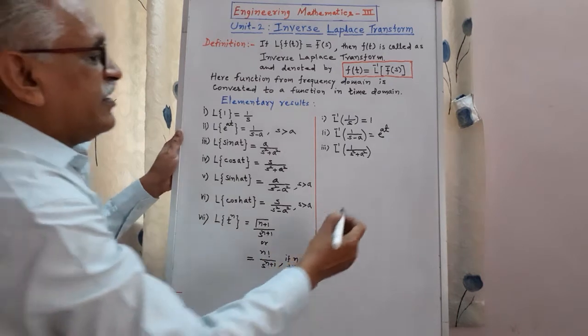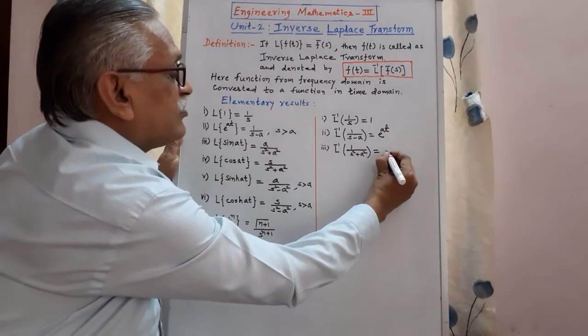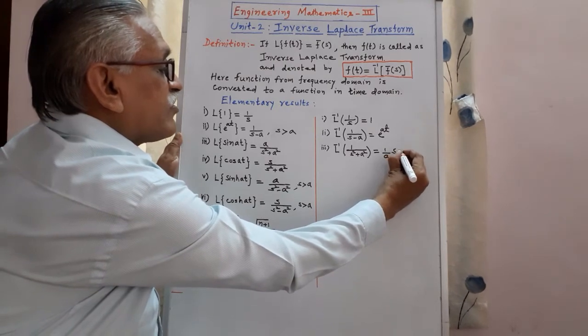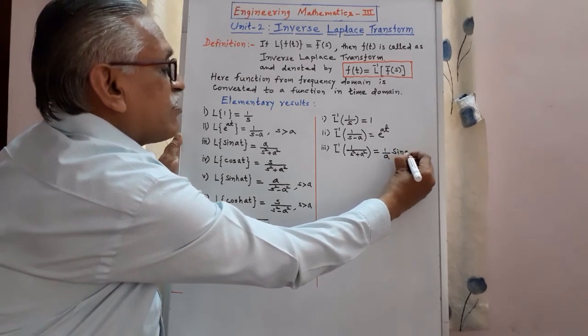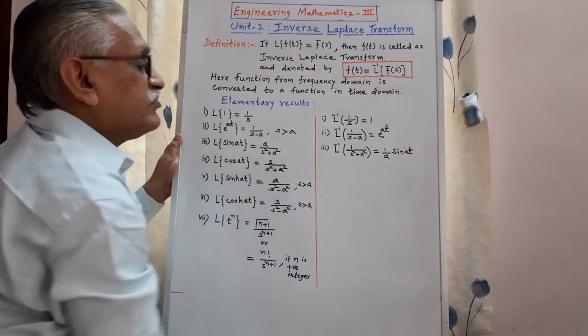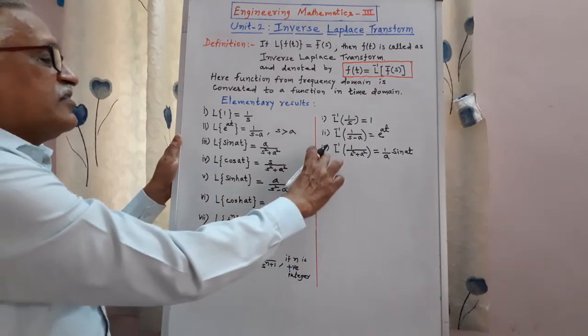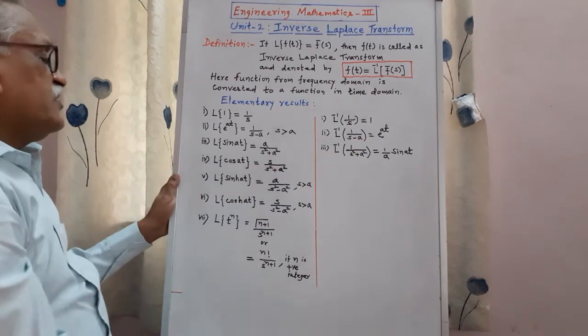We get its value as 1 by a sine of at, or sine at divided by a. This is the third standard result.